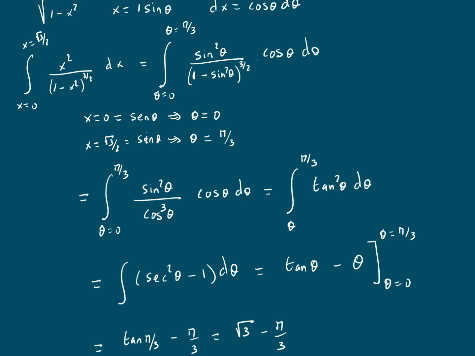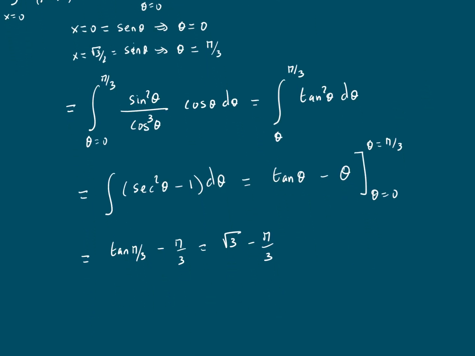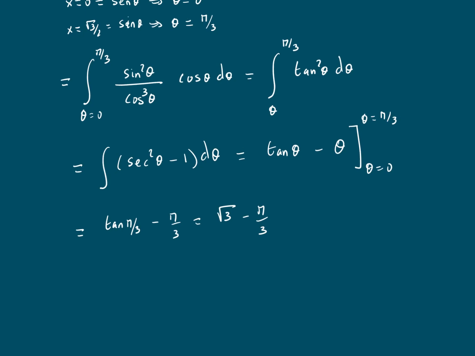So the final result will be tangent of pi divided by 3 minus pi divided by 3, minus tangent of 0 minus 0. Tangent of 0 is 0, so it will be tangent of pi divided by 3 minus pi divided by 3. But tangent of pi divided by 3 is the square root of 3, so the answer is square root of 3 minus pi divided by 3, and this is the final result.